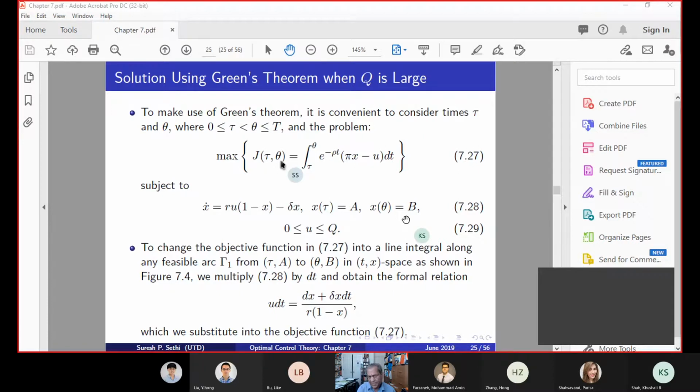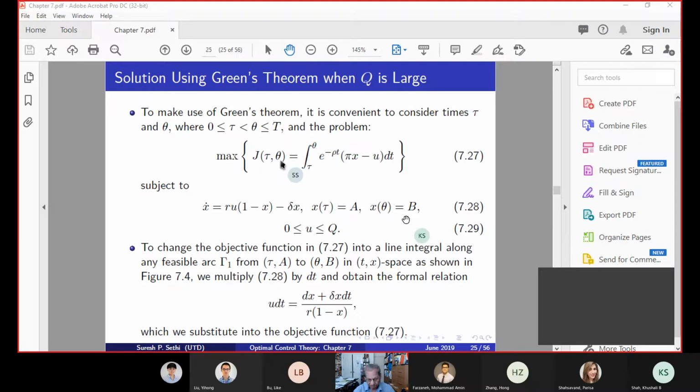If you have a line integral along a closed curve, then Green's theorem allows you to change the line integral into an area integral, the area enclosed by the curve.